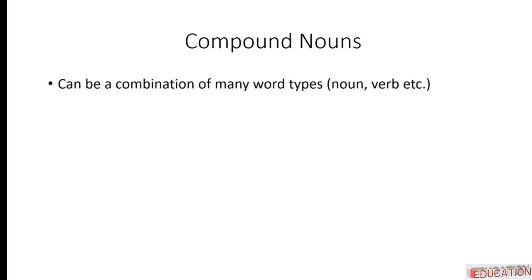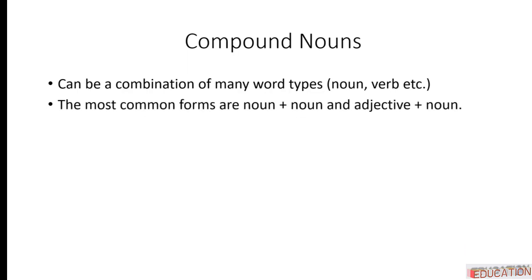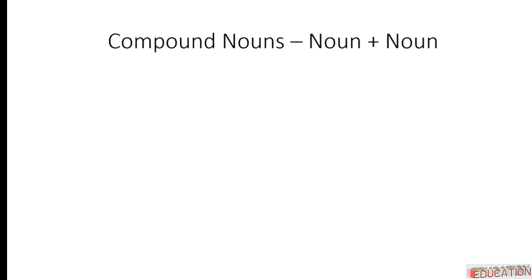Compound nouns can be a combination of many word types. The most common forms are two nouns or an adjective and a noun. Many other combinations are possible. Look at some examples with two nouns.